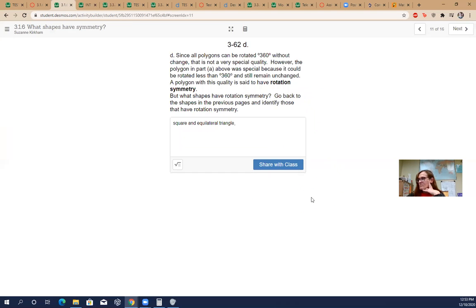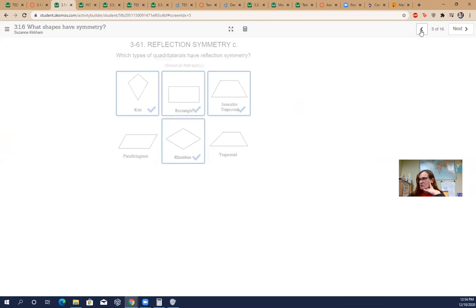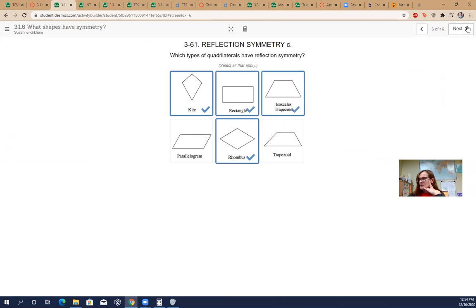Okay. All right, but what shapes have rotation symmetry? Go back to the shapes on the previous pages and identify those that have rotation symmetry. So if we go back to our shapes right here, we see that there's a rhombus. You could rotate it 180 degrees and that would match up on itself.